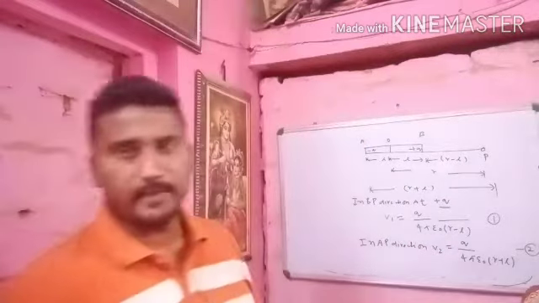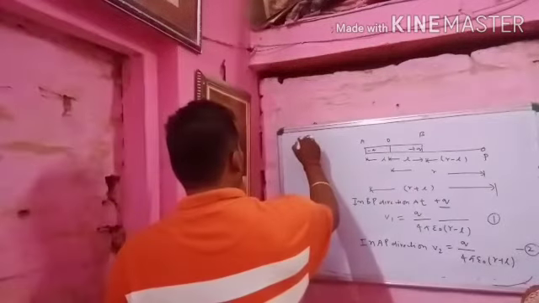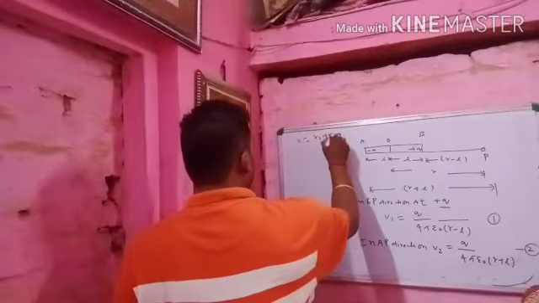Now we find the total potential V is equal to V1 plus V2.